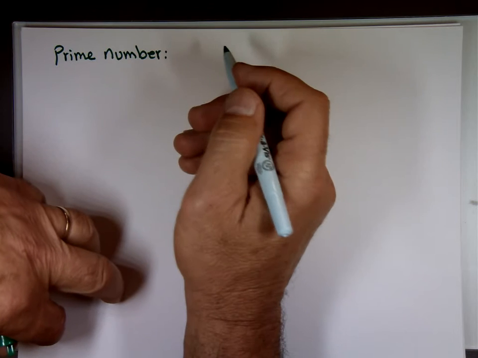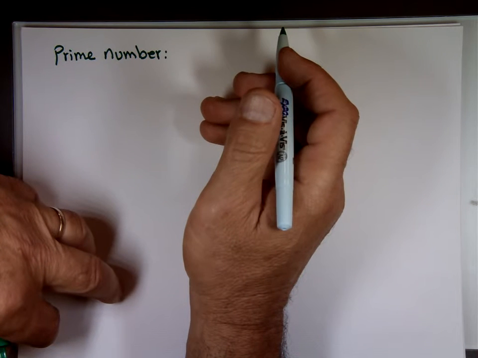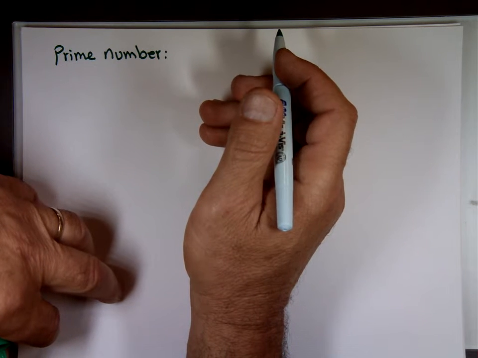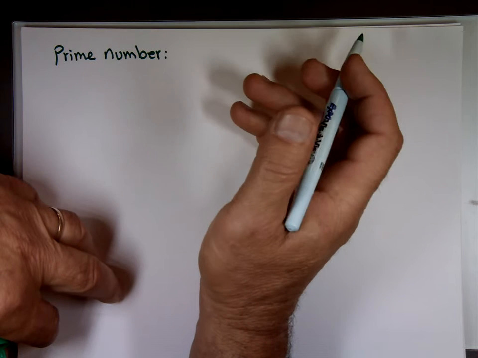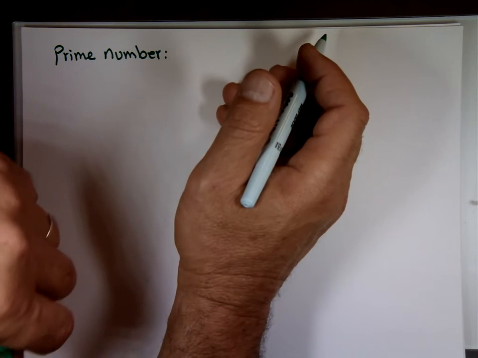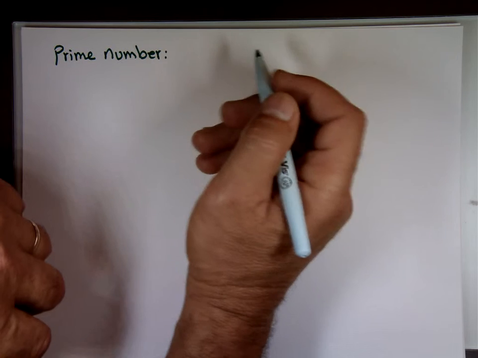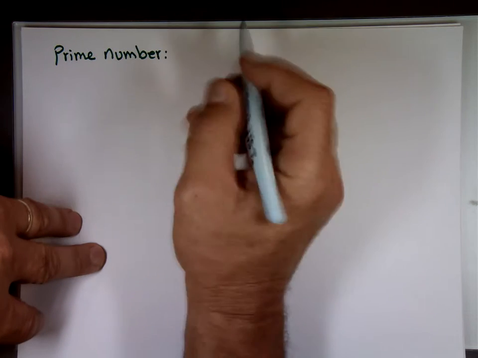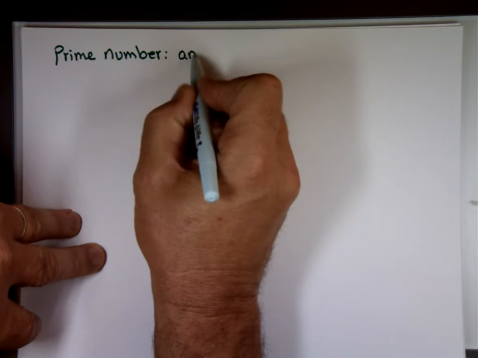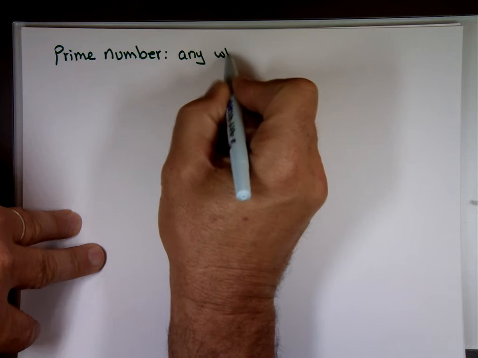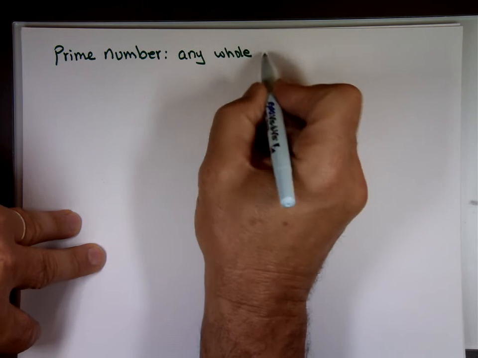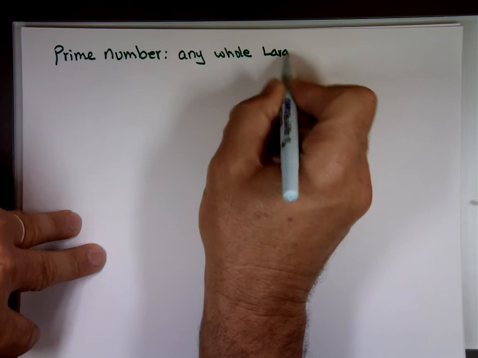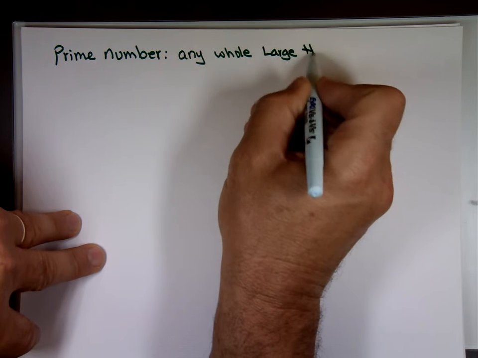Any whole number. Whole numbers are what? 0, 1, 2, 3, 4, 5. These are whole numbers, but it says any whole number that has exactly two factors. So another way of saying it's any whole number, but it has to be larger than 1. 1 is not a prime number.